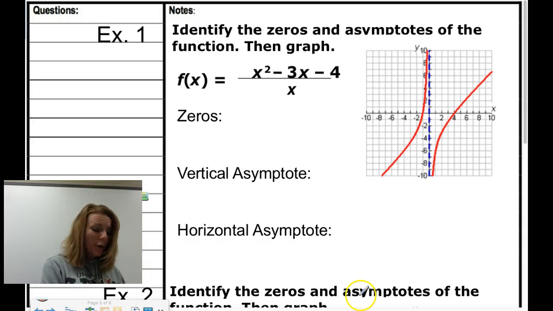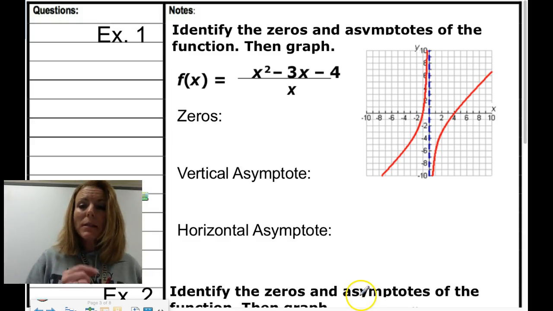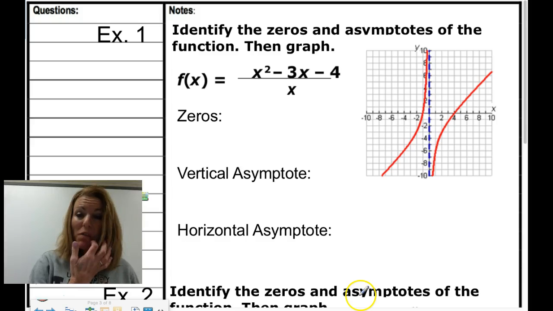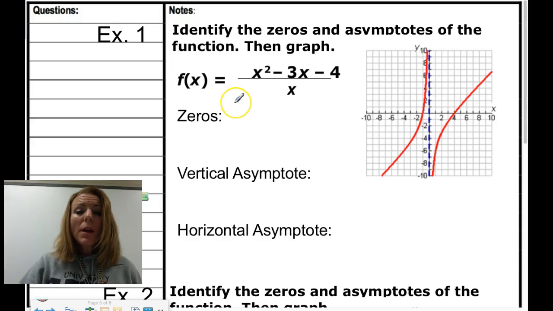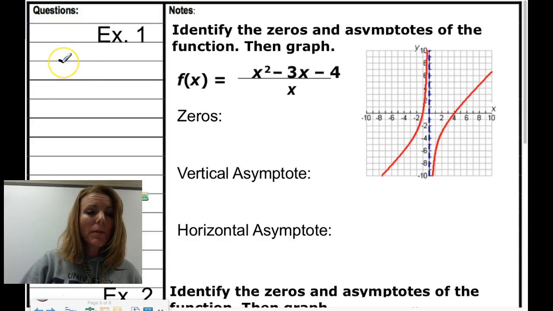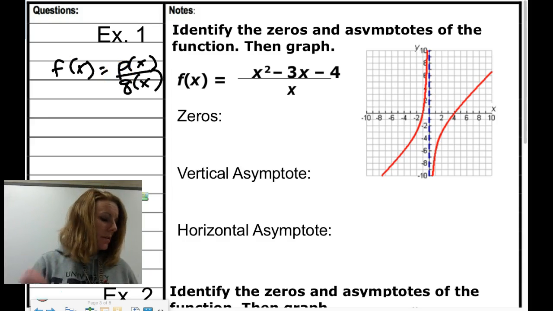Well, it looks like we're ready for an example, and it says, identify the zeros and asymptotes of the function, then graph. Well, we've already graphed it for you, but let's go through. This is what you're going to have to do in this section. Notice, this is the same thing as f of x equals p of x over q of x.